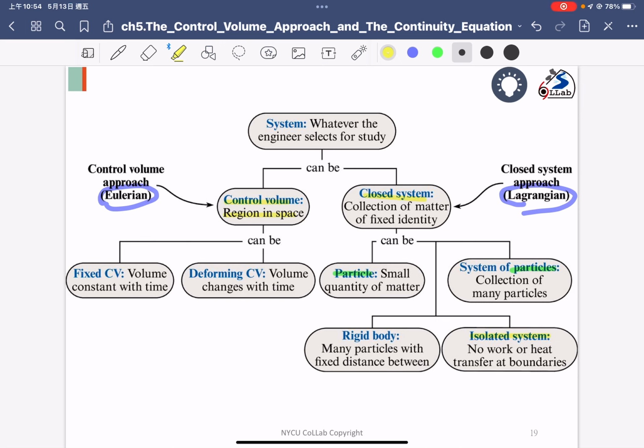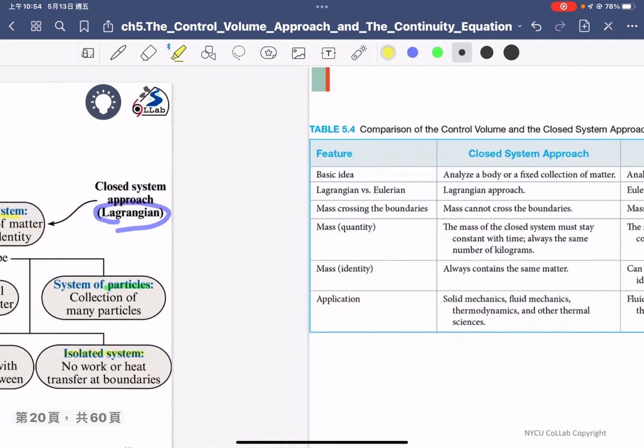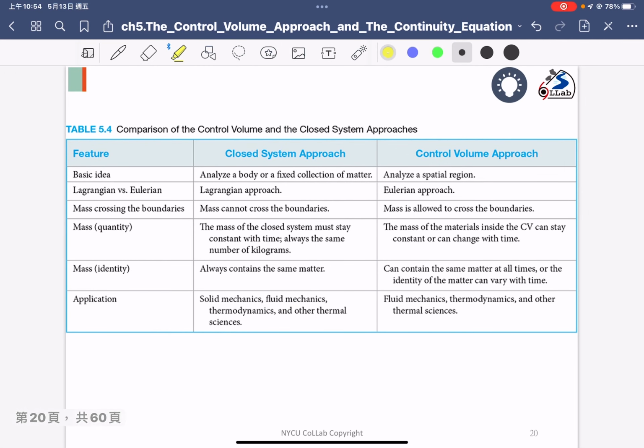So that's the closed system. And the tree structure just summarizes how different they are. I already emphasized this. And the table puts some important points: the Lagrange approach and the Eulerian approach, control volume and closed systems.